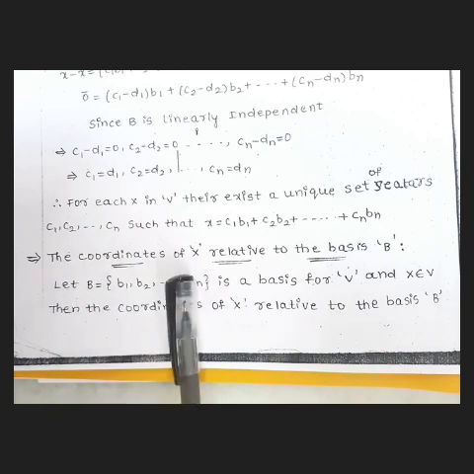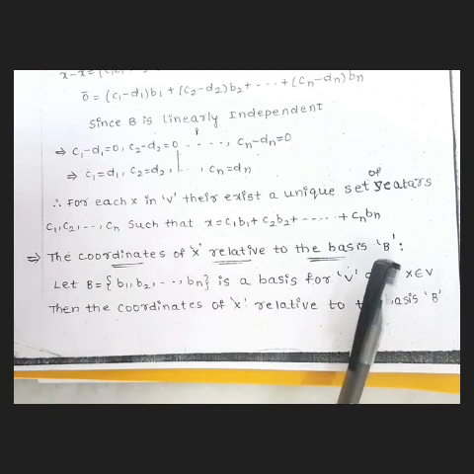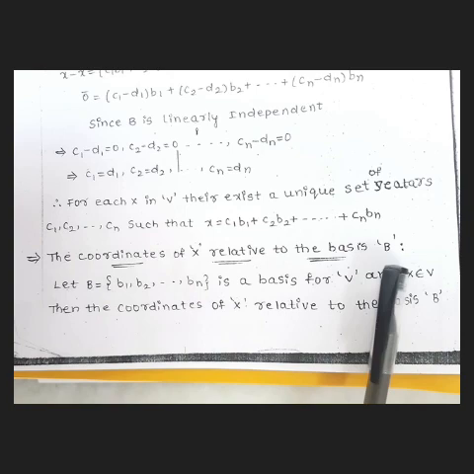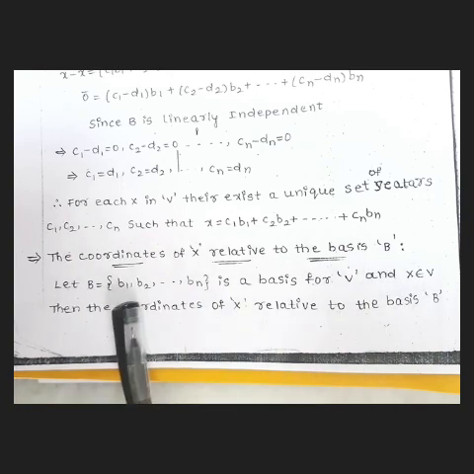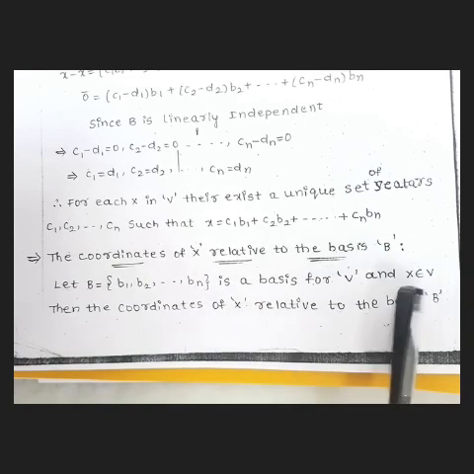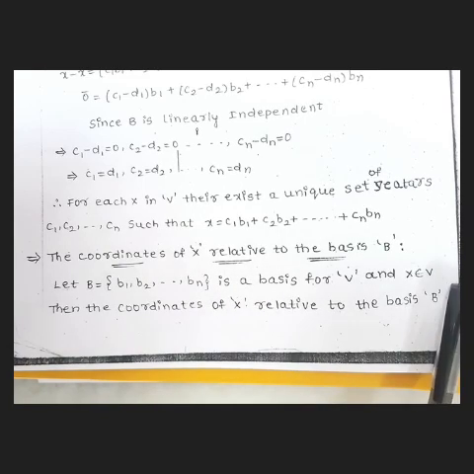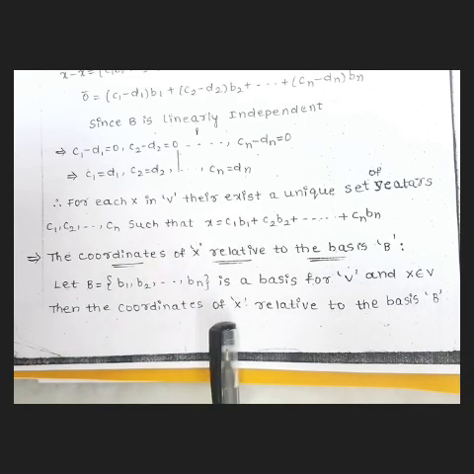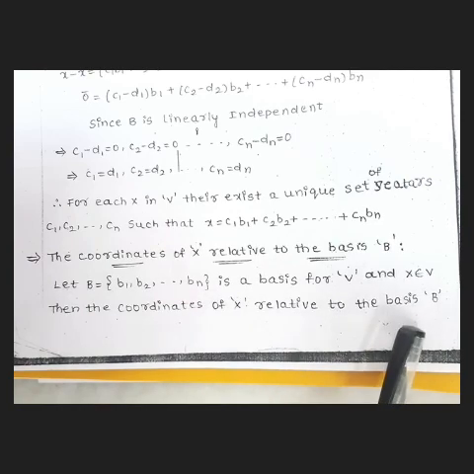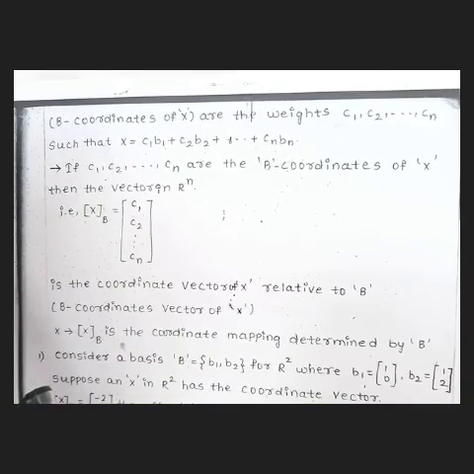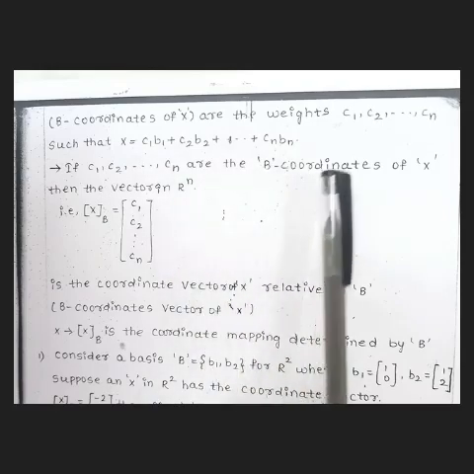Then the coordinates of x relative to the basis B. By using the unique representation theorem, we can say: take one basis which contains n vectors and take one vector x from the vector space. Then the coordinates of x relative to the basis B are nothing but the weights.